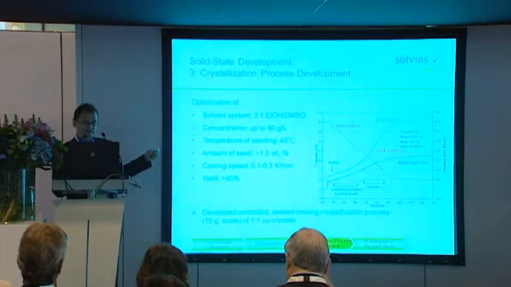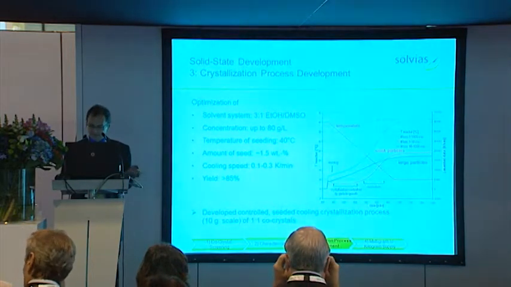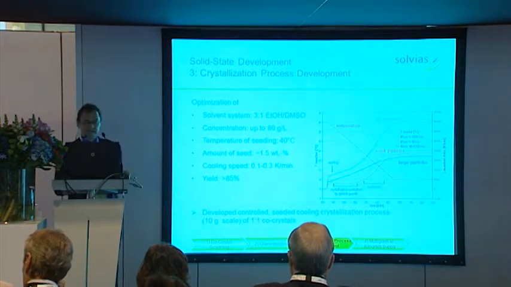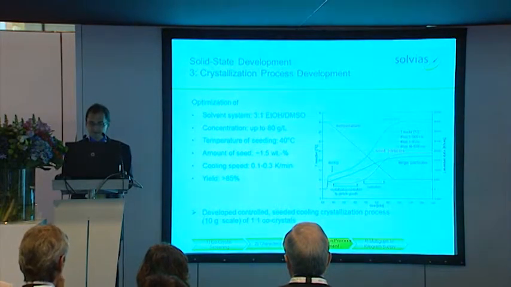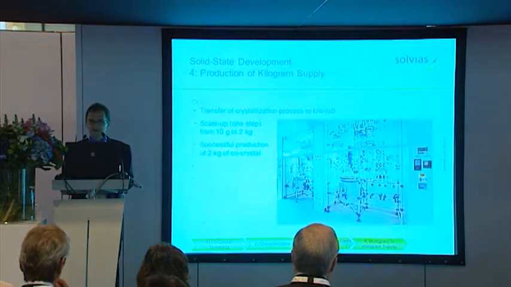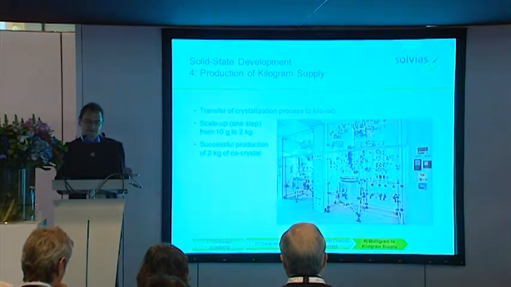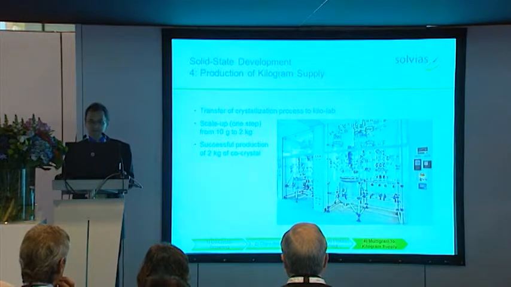We used the solvent, seed amounts, etc. that we had determined. This way we were able to devise a crystallization process to successfully make these co-crystals on the 100 gram scale, which was then transferred, as I said before, to our GMP kilo lab, where we could successfully make 2 kilos of this co-crystal under GMP.